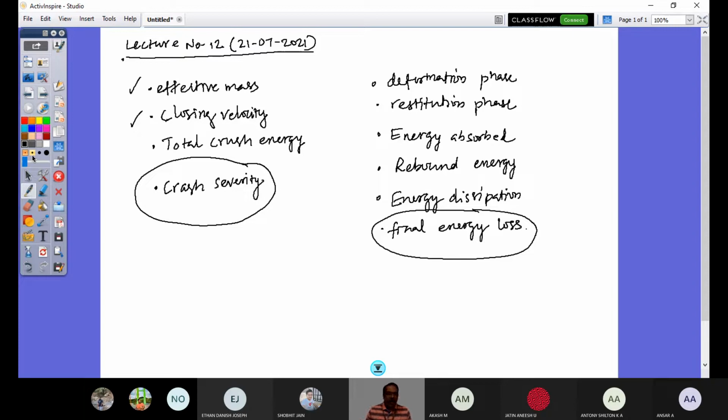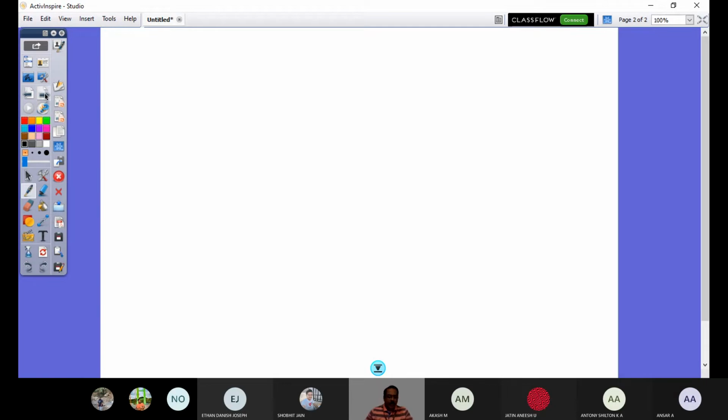If we understand the total crush energy, energy dissipated, or final energy loss, you would be able to define crash severity. This can be done by two basic approaches: one is the relative velocity approach, another is the fixed frame reference approach. We will do them in subsequent classes. Now I'm going to explain a simple collision experiment.